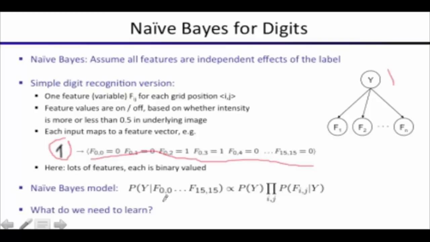And in Naïve Bayes, we're assuming that this factorization holds, right? So the probability of y given all the features is proportional to the probability of y times all these independent products. The reason we have a proportionality constant here is you would get exact equality if you divided by the probability of the features.